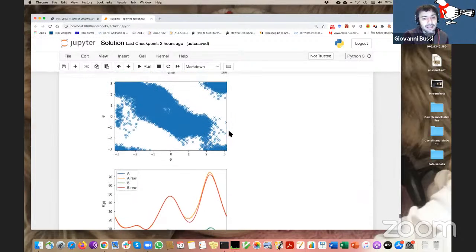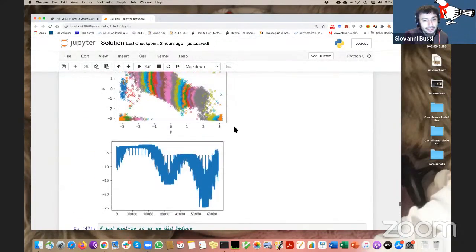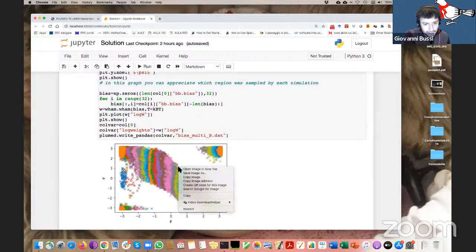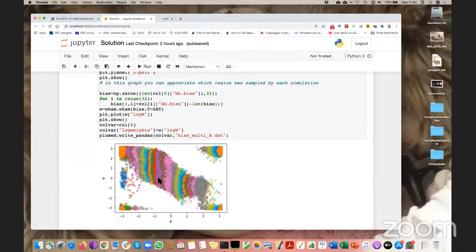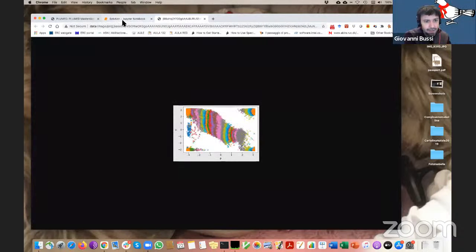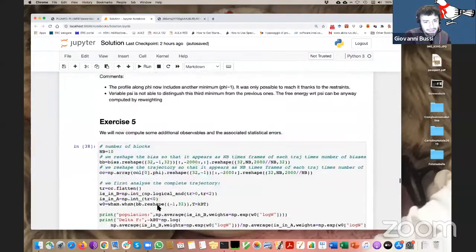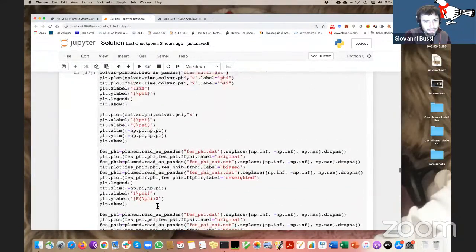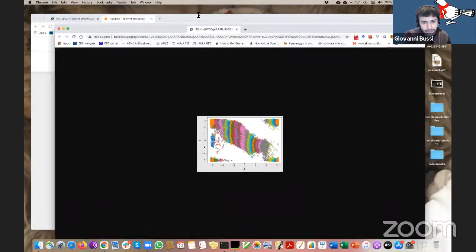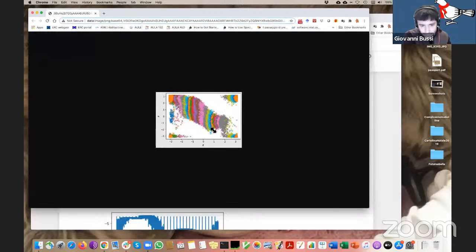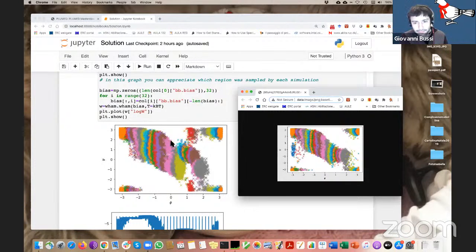Okay, then let's look at this graph here. Let me maybe open this in a new tab if it works. It does. And then we'll scroll up and compare it with this one. So this is the new graph, and this was the old one.